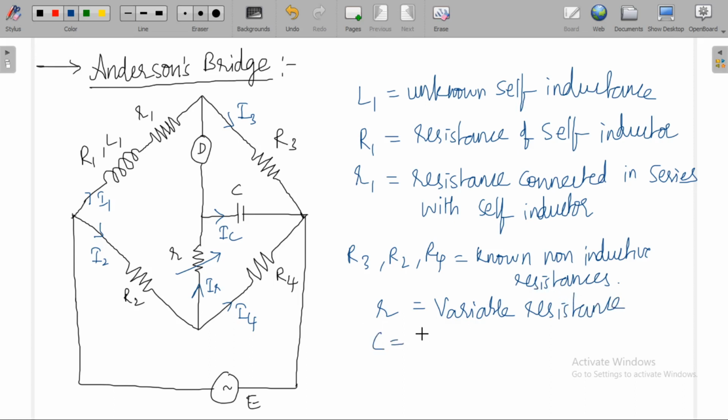C is a fixed standard capacitor. Here we use a standard fixed capacitor.